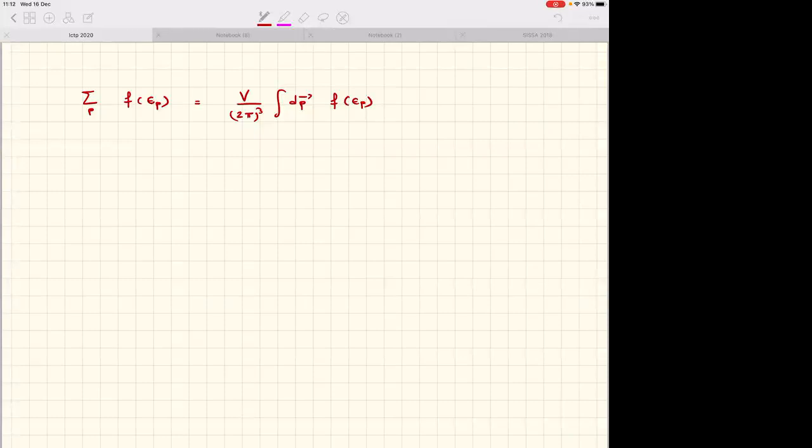What does it mean to be smooth? The momentum p is quantized in units of 2 pi n over L, each component.